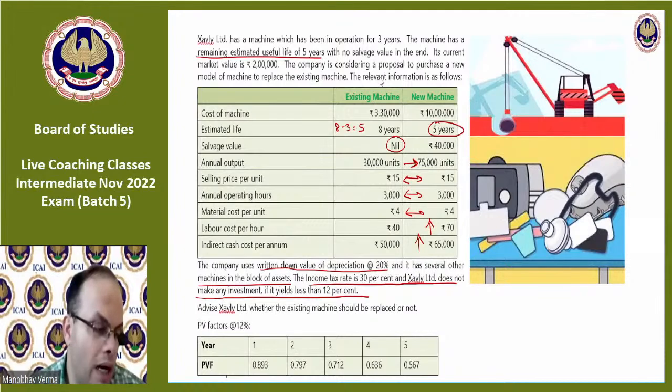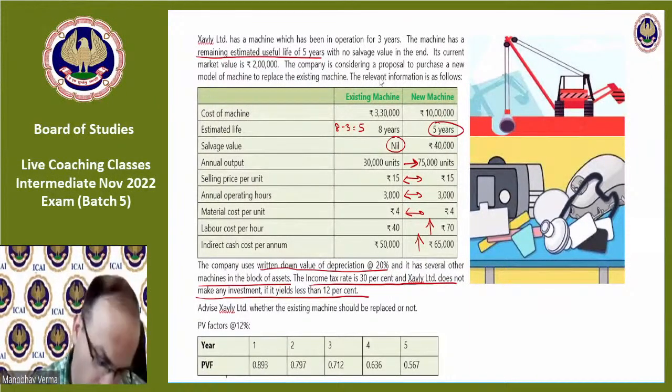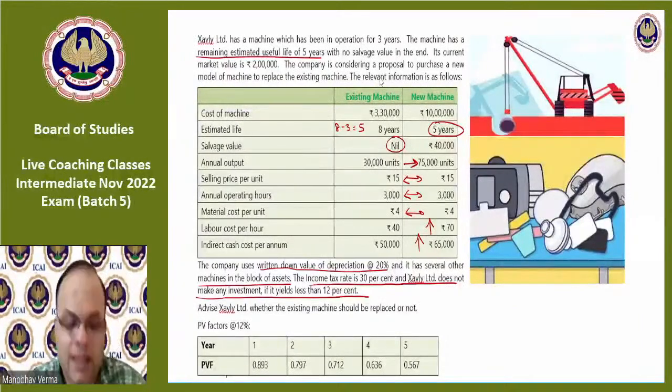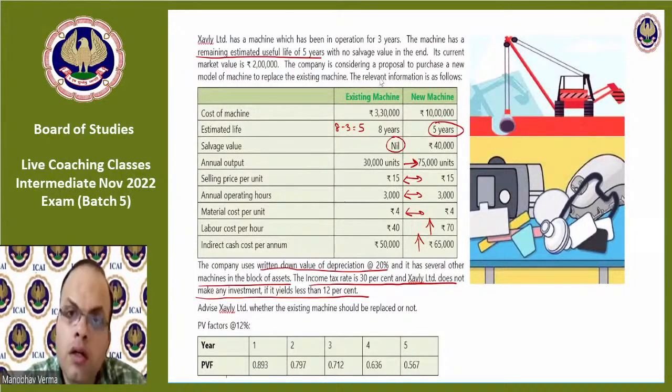Now, I know that there is no salvage value given to us, but their current market value is given as 2 lakhs, guys. Look at the third line on the top. I would go with 8 lakhs, guys. I got answer 8 lakhs from Hiral, from Prabhas. I would definitely go with 8 lakhs.